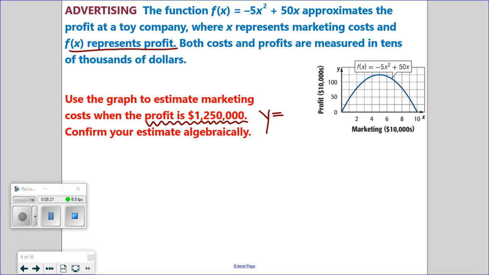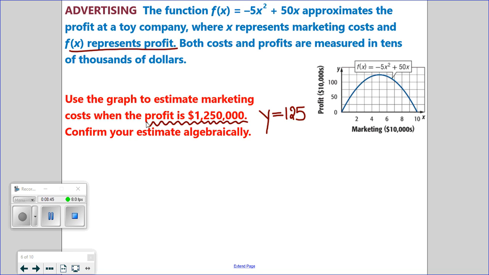And if the profit is 1,250,000, on my graph, I'm actually looking at what number on the y-axis? 125, right? Because it's done in 10,000. So I would take away 4 zeros or 4 decimal places, and I would actually be looking at y equals 125. Now, nicely, in my graph, it's numbered in 25.